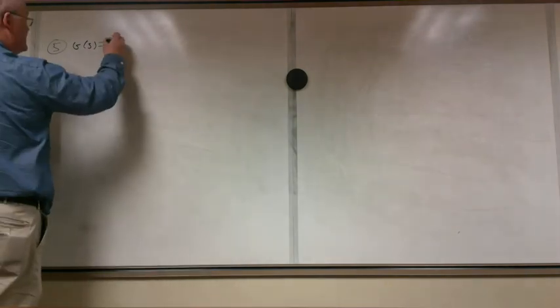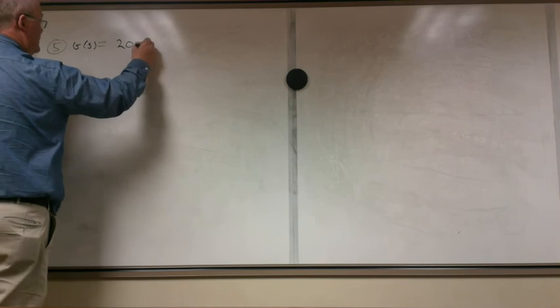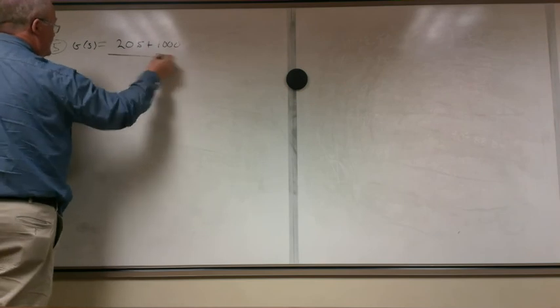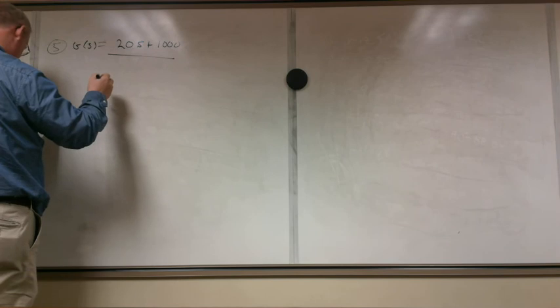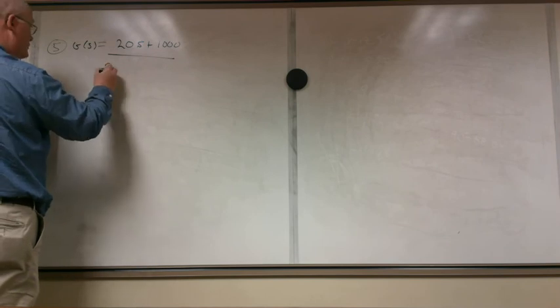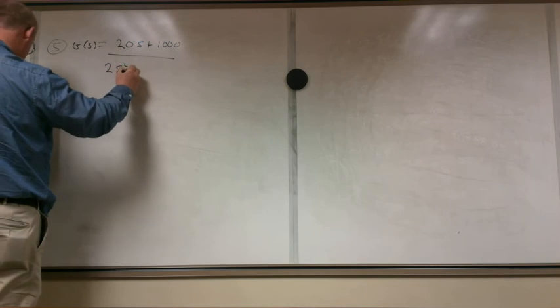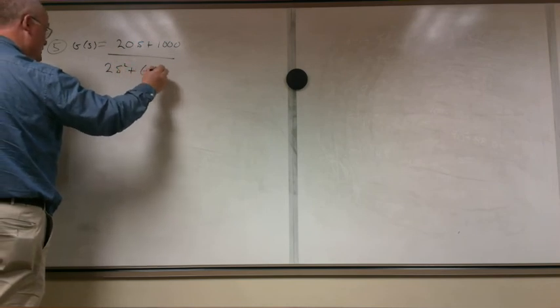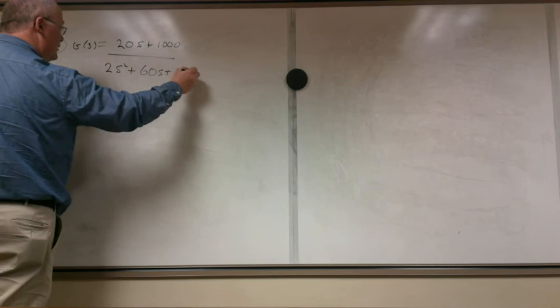G(s) is equal to 20s plus 1,000 divided by 2s squared plus 60s plus 400.